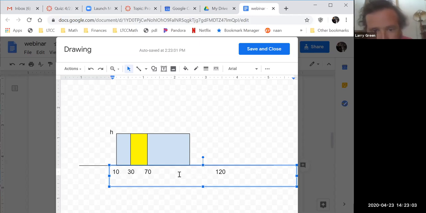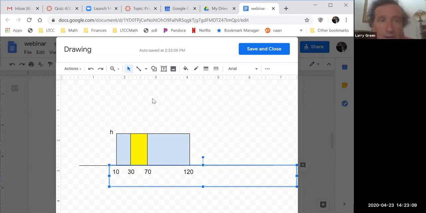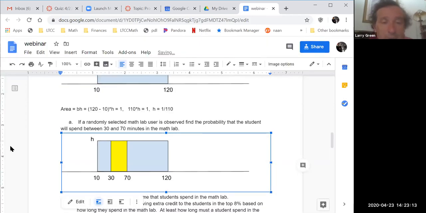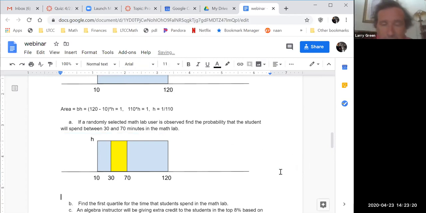And let's get that 120 back in the nice spot. Okay, so there's our picture. There's our picture for part A. Okay, if you can do the picture, this is actually not that hard. If you can't, then it gets tough.